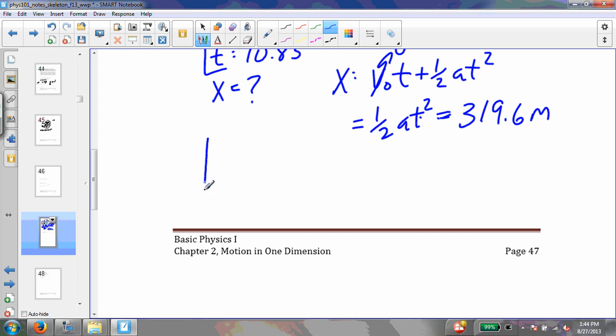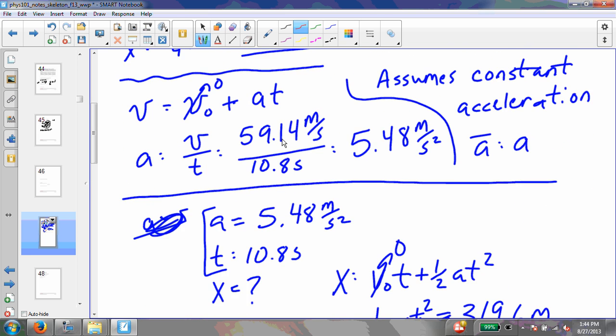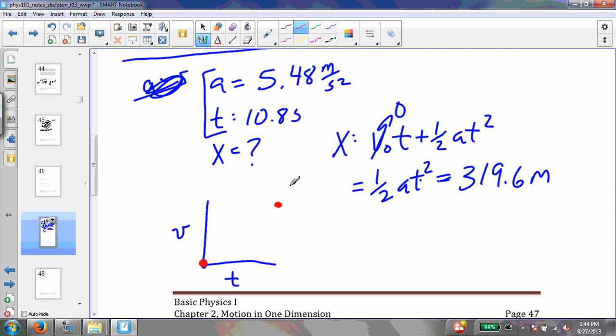So let's consider two different scenarios. Let's say that I have my velocity and my time here, and I have an initial velocity here, and then I also have a final velocity. I know that final velocity was given, it is 59.14. So up here I have 59 meters per second, and down here I have 0 meters per second.